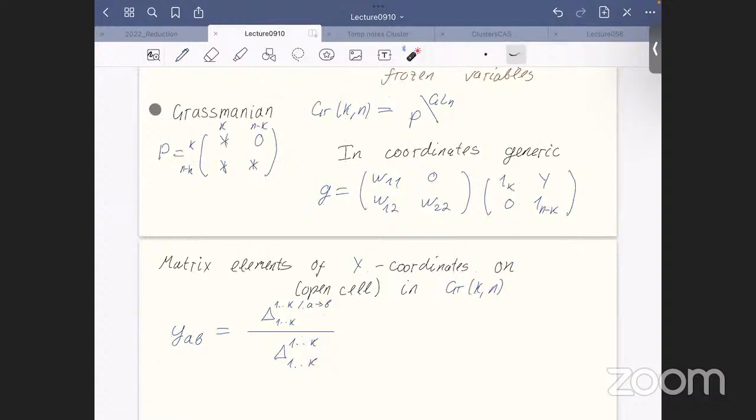In this submatrix, the rows are labeled from 1 to k, and the columns are labeled from n minus k plus 1 to n.